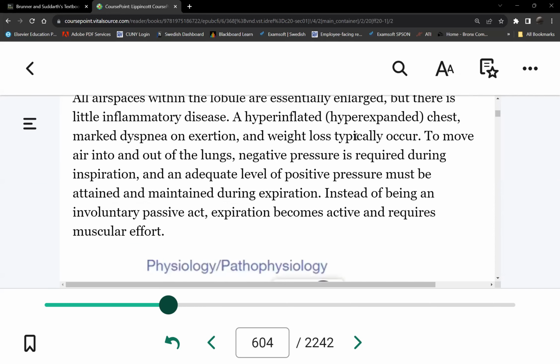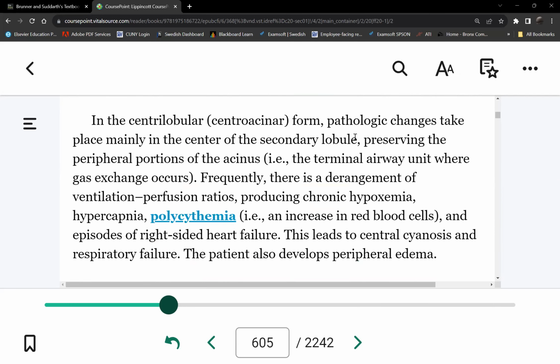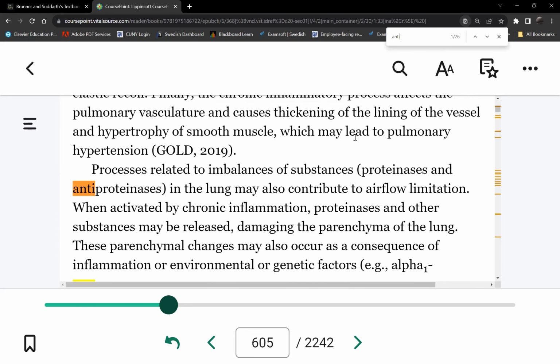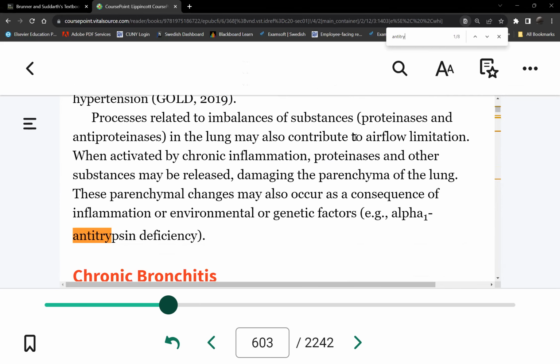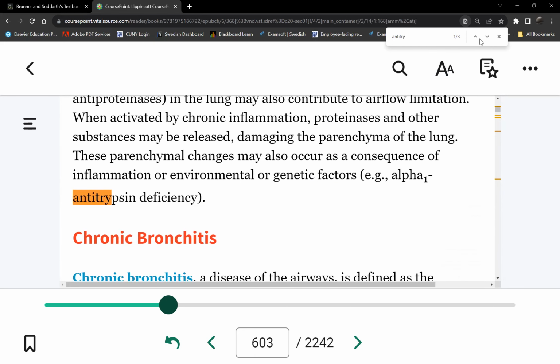Let me fast forward to that part. Okay, this one. This substance here is an enzyme that will destroy debris. So when we breathe in foreign particles, no problem.